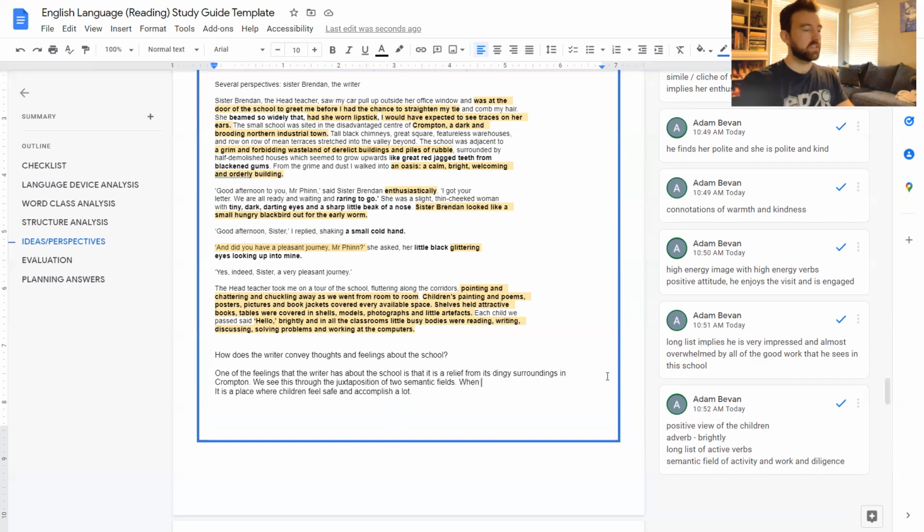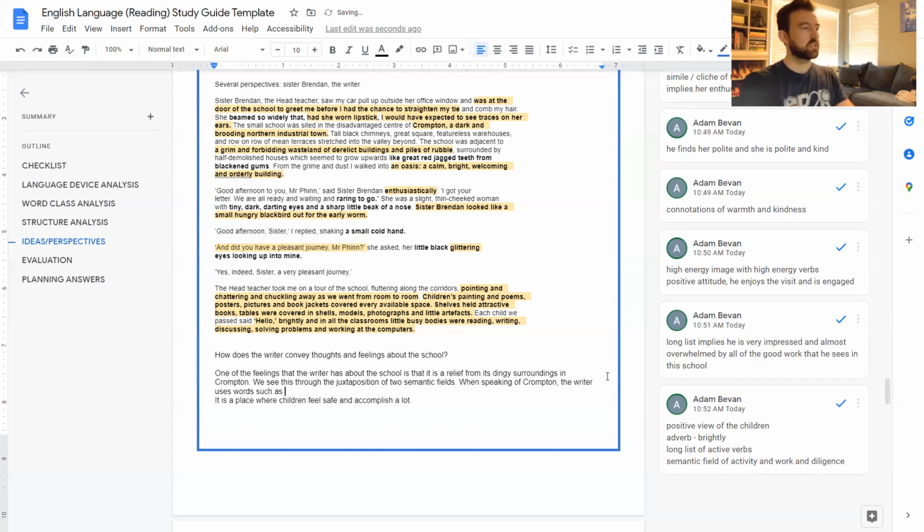So when speaking of Crompton, the writer uses words such as wasteland and demolished, which imply decay. He feels it is unpleasant and decaying.